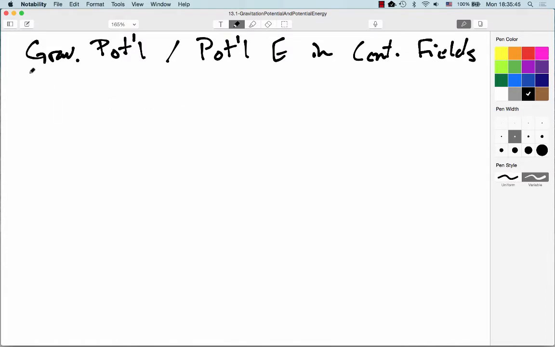Okay, so we'll start by taking a look at the gravitational potential. And we'll start first by thinking about the potential energy.